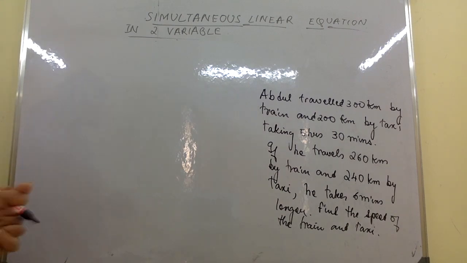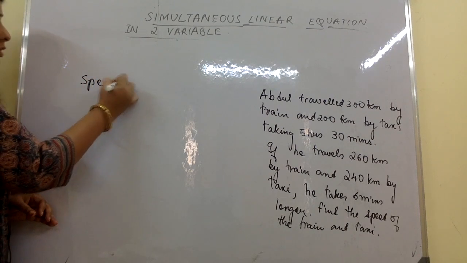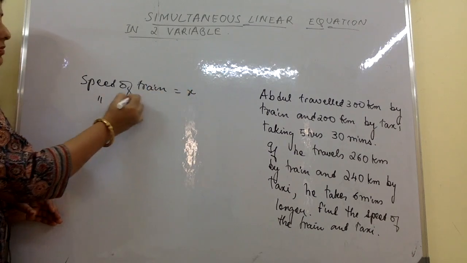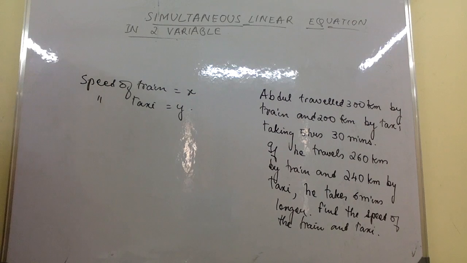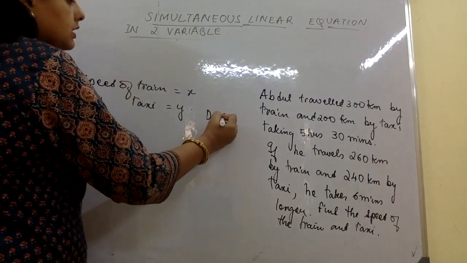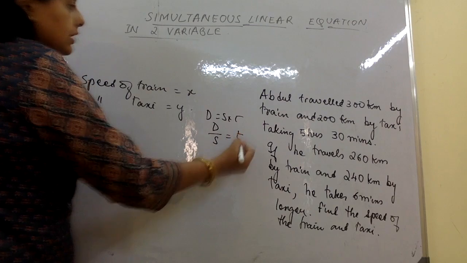Okay, so let me take the speed of the train. Speed of train is equal to x, and the speed of taxi, let it be equal to y. Okay, so now we are going to start with it. Distance is equal to speed into time. So distance by speed is equal to time.